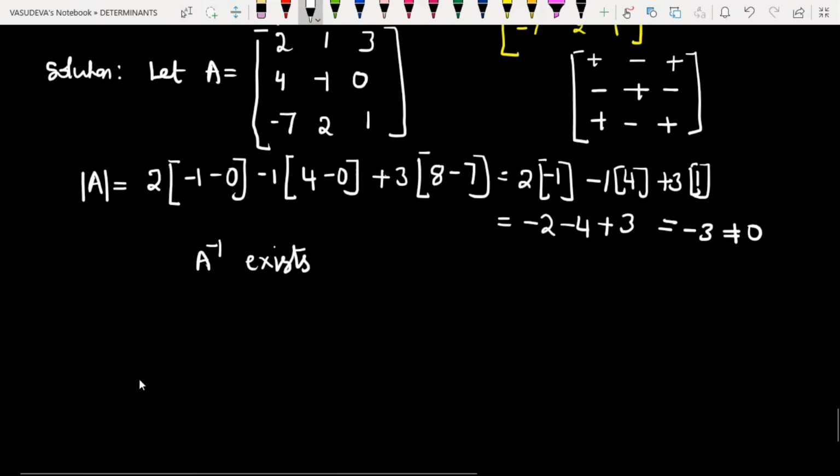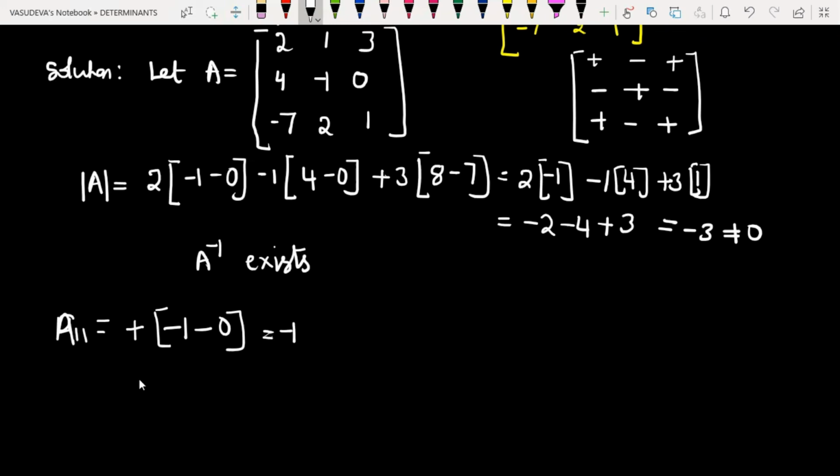So now we can take A11, the element that lies in the first row and first column, capital A11, cofactor of the element 2. So cofactor of the element 2 is plus, minus 1 minus 0, that is equal to minus 1.